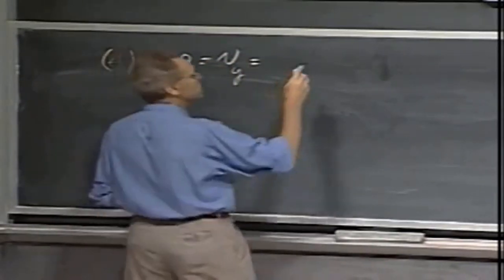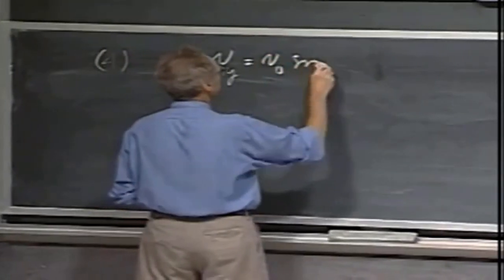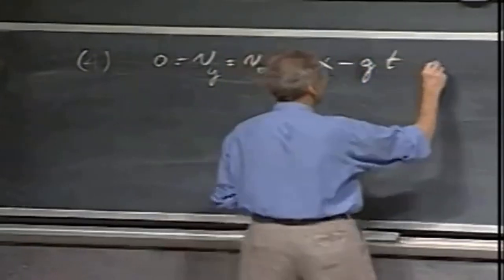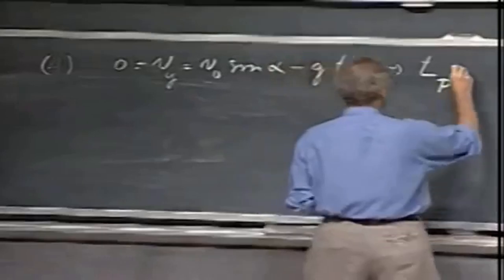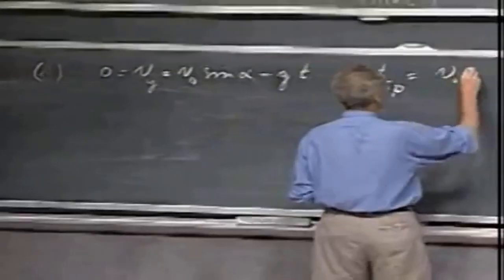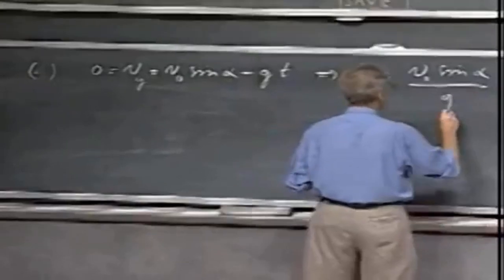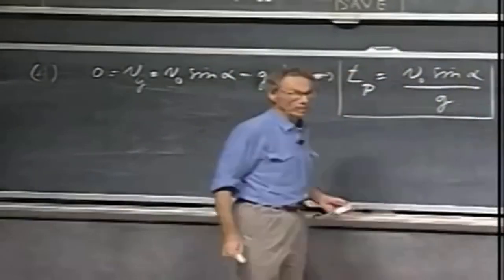And that then becomes v0y, which is v0 sine alpha, minus gt, and out pops that t at point P is going to be v0 sine alpha divided by g. That's the time that it takes for the object to reach the highest point.